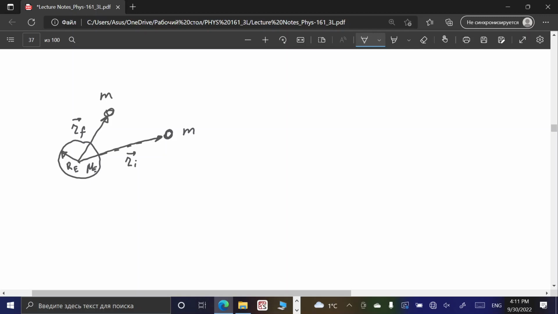So how we define this potential energy? Change of potential energy, delta U, will be U final minus U initial. So in general form, how can we express change of potential energy?